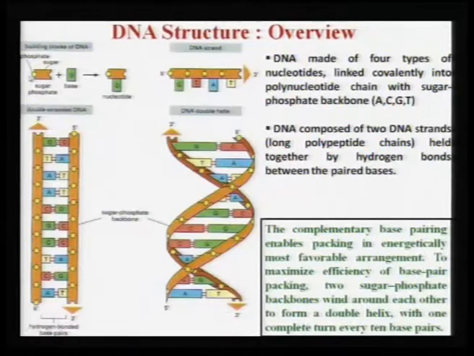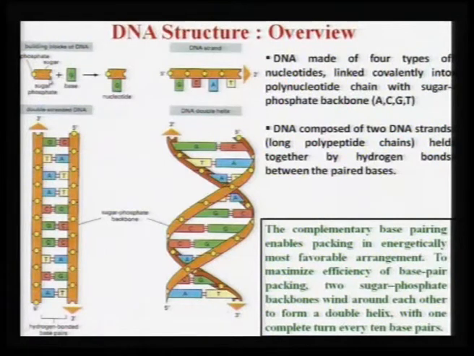Now, what is this nucleotide? A nucleotide contains one phosphate sugar molecule. The phosphate molecule means PO4 3 minus, and there is a sugar molecule, and this phosphate sugar forms a backbone kind of structure, just like any polymeric molecule where CH bonds form a backbone. Similarly, for DNA, it is the sugar and phosphate that form the backbone structure, and in this backbone structure you have four different bases.